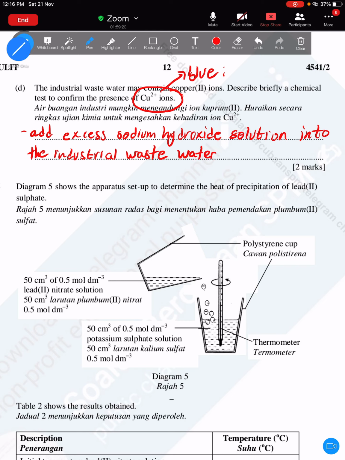So what happened? The second point, because it's 2 marks, will be a blue precipitate formed. That's it. You can screen capture this thing.